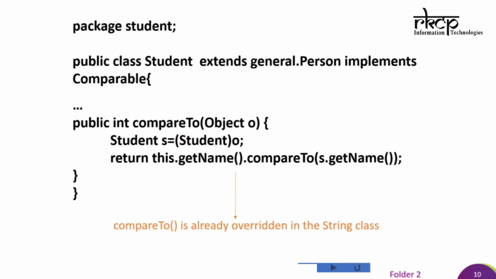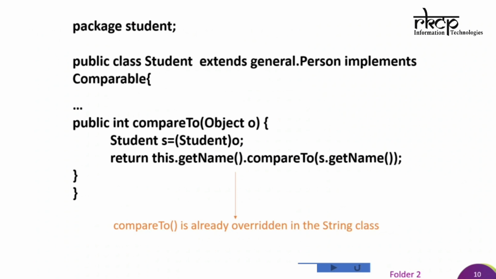If I show you with this example, my Student class wants to perform sorting, so it is a child of Person as well as it implements the Comparable interface. The Comparable interface has a method called compareTo. So here you are going to compare.